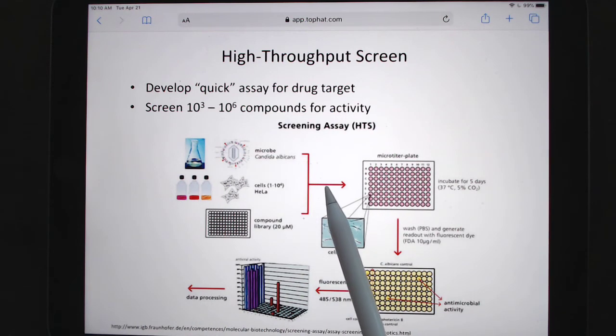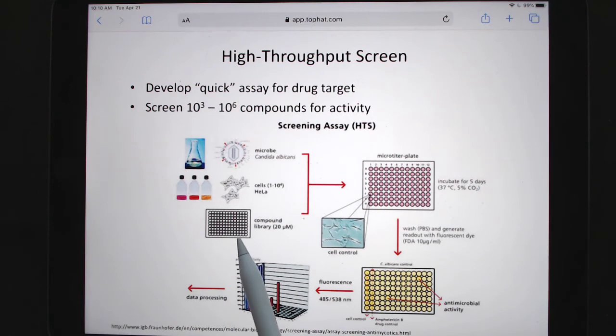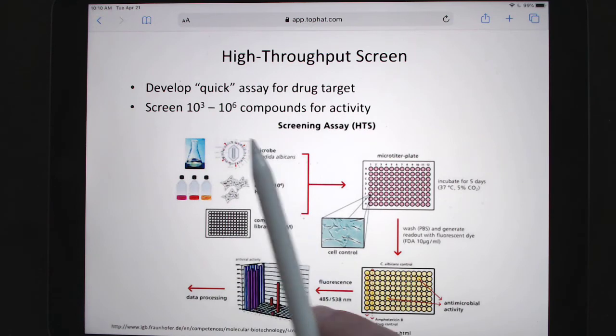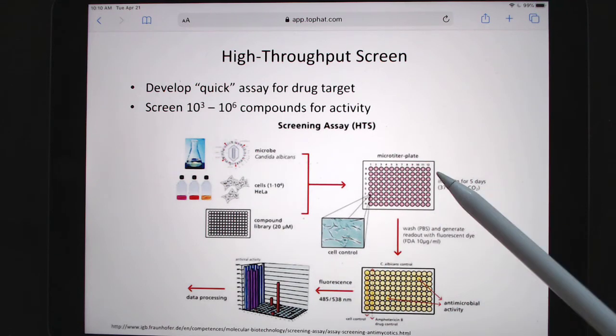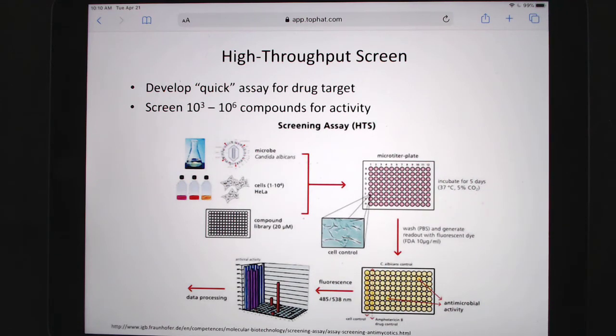So if you've got a compound library of, say, 10,000 or 50,000 or 100,000 compounds, they're all different types. You've got your cells, and you disperse this into a microplate, usually either a 96 well or 384 well plate, and then you run your assays. Does it kill tumor cells, or does it activate a receptor?